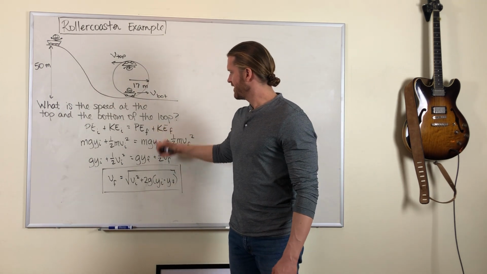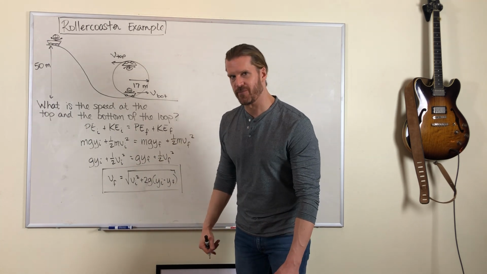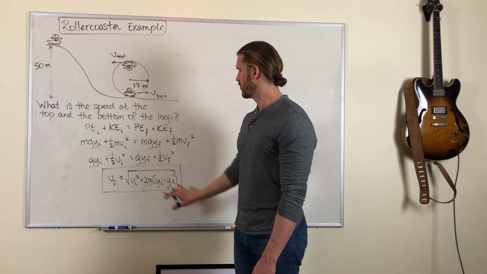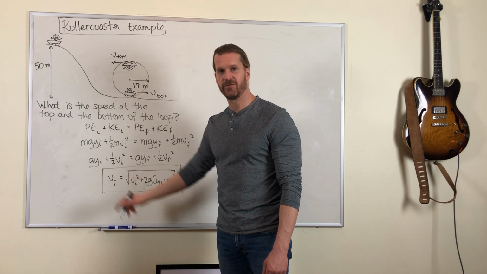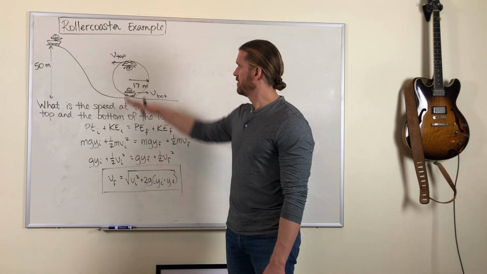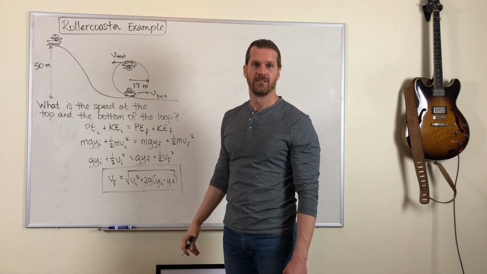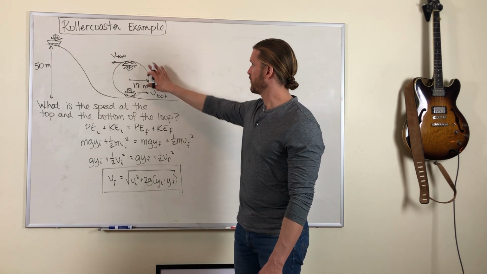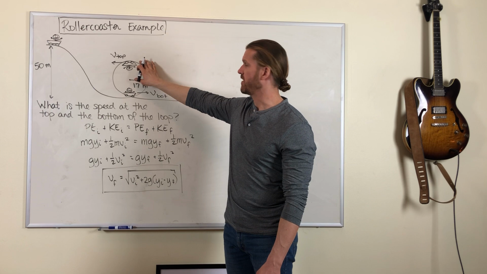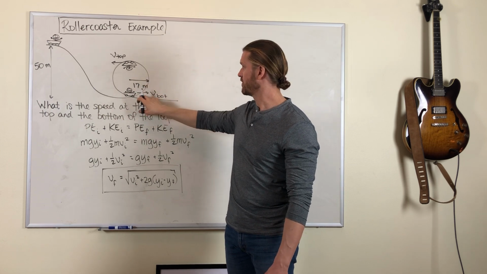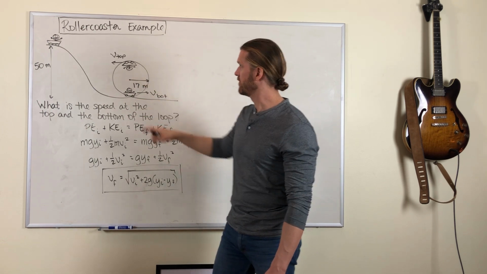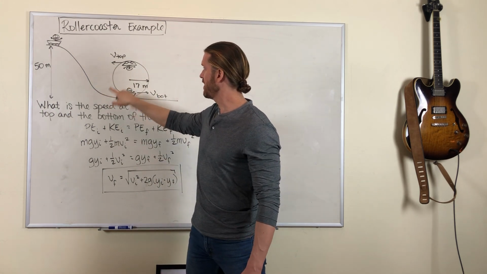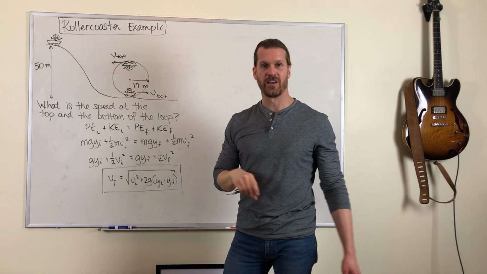And you can see that in just a few lines of math, we're able to find the final speed for any final height. In particular, we could find the final speed at the top of this loop, we could find it at the bottom of that loop, we could find it at any point along this track, any point within that loop.